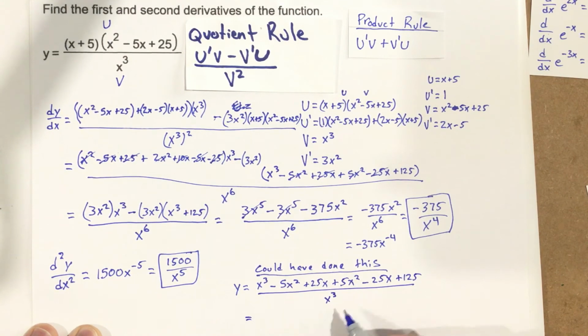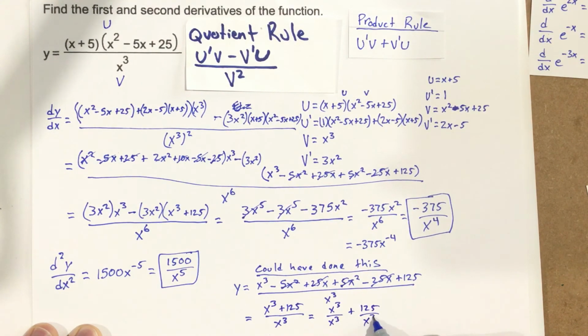And then you combine like terms. This cancels here. This cancels here. And we're left with x cubed plus 125 over x cubed, which we can then split. So x cubed over x cubed plus 125 over x cubed, which would be 1 plus 125 x to the negative 3 when we bring this to the top.